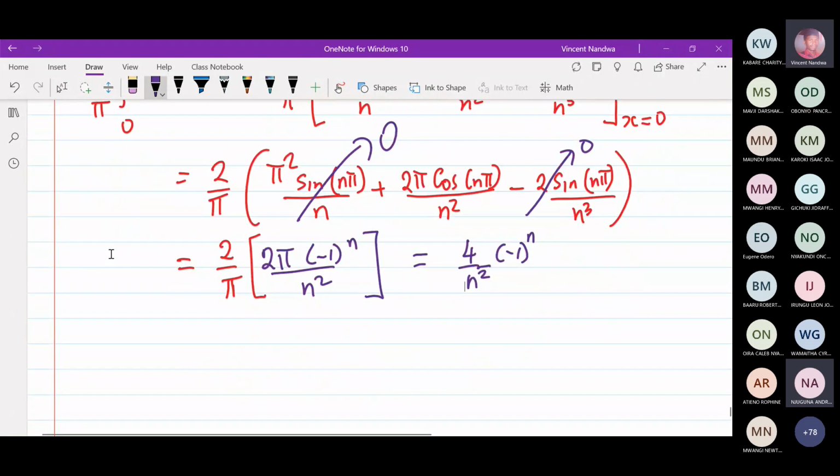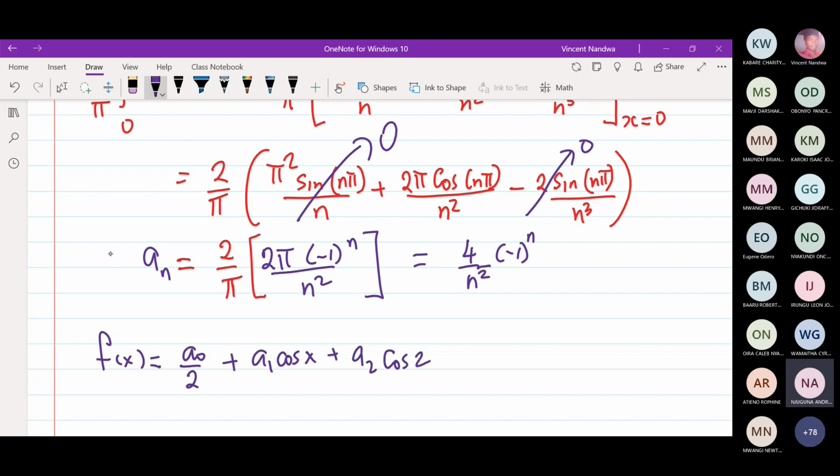So that is how our an looks. Then the Fourier series will be f of x equals a naught over 2 plus a1 cosine of x plus a2 cosine of 2x plus a3 cosine of 3x plus several other terms.